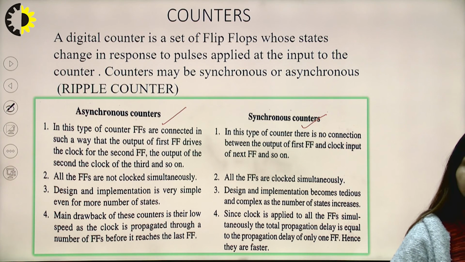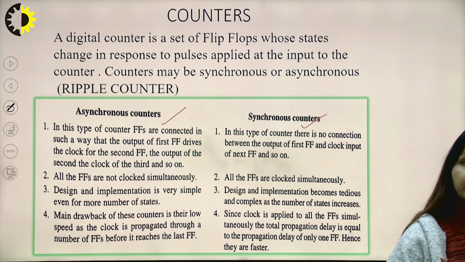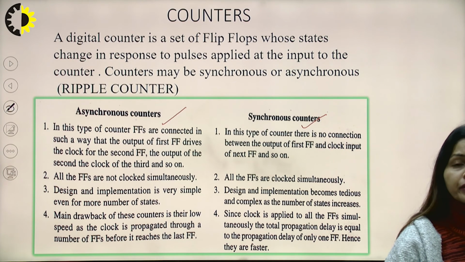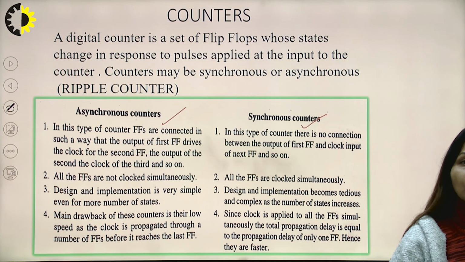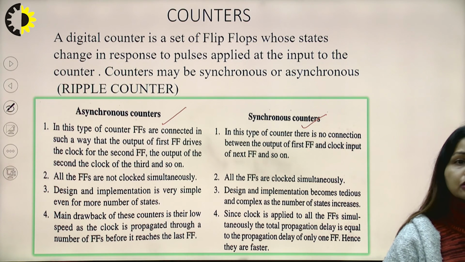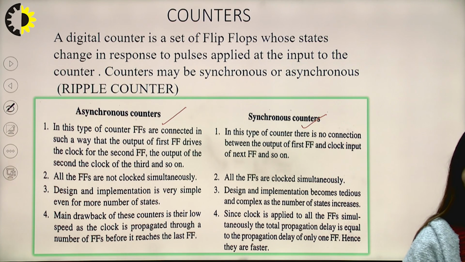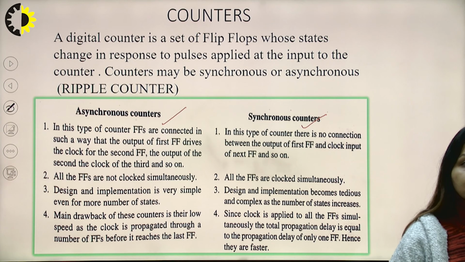In this type of counter, the asynchronous counter, the output of the flip-flop is connected to the clock of the next flip-flop. All the flip-flops are not clocked simultaneously. So design and implementation is very simple for so many states.